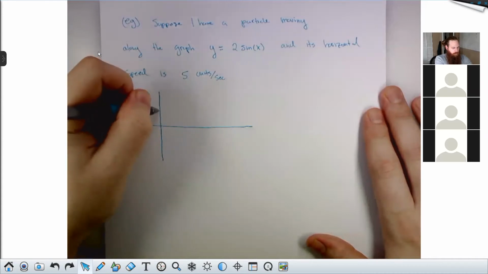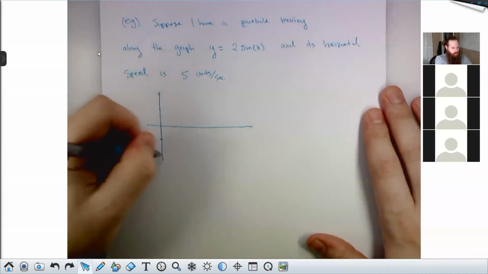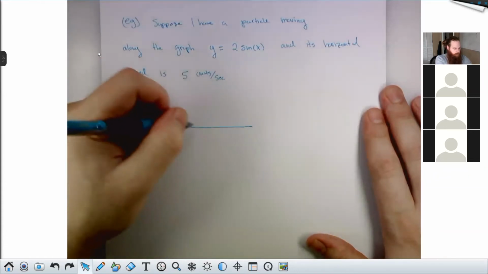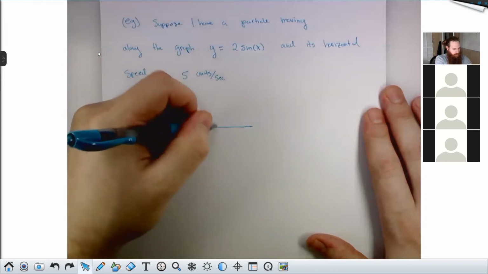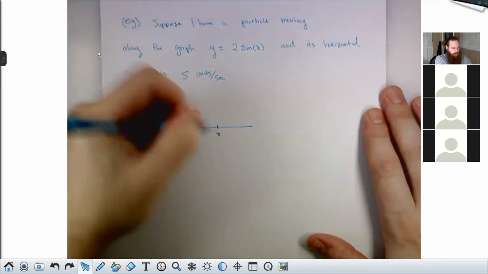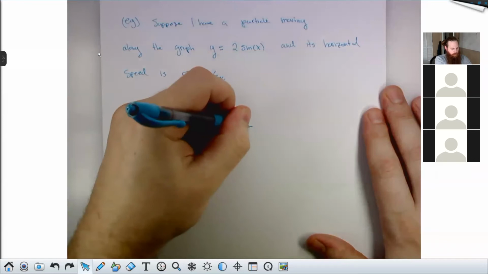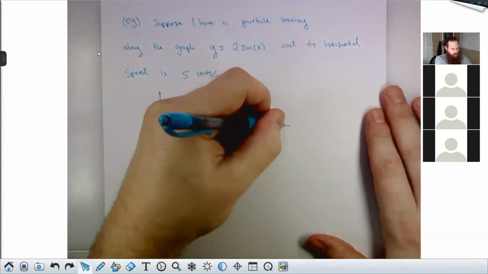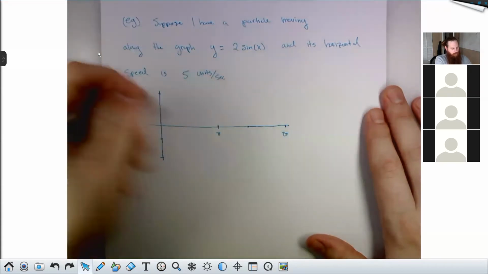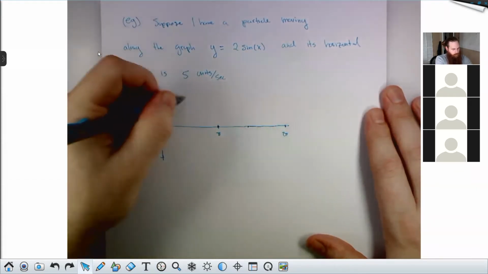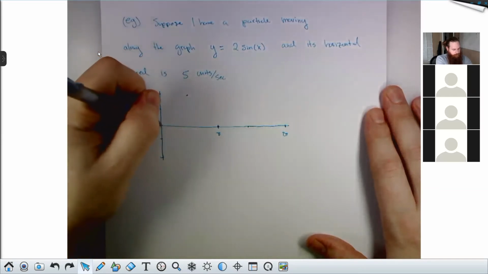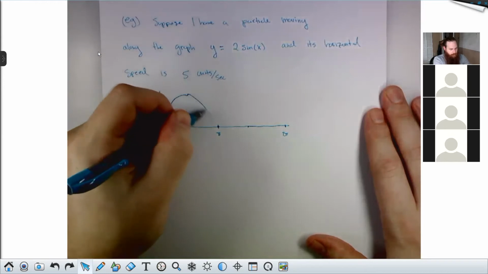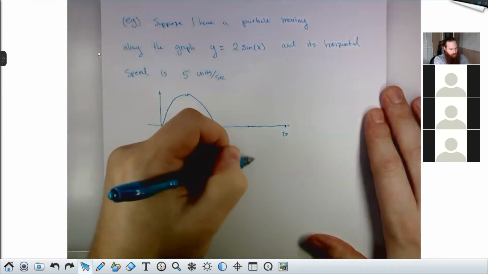So 2 sine x, we may remember, let me chop this up a little bit, we'll call this pi, we'll extend out a little further, call this 2 pi, there's pi over 2, 3 pi over 2.